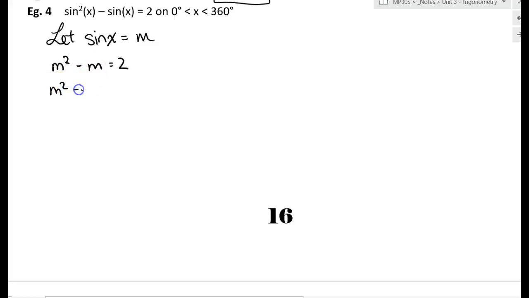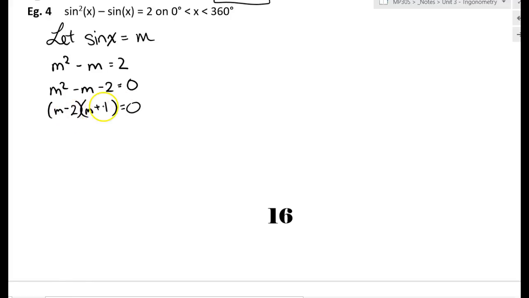So m squared minus m minus 2 equals, so it's set equal to 0. And from here, I'm going to try and factor it if I can, since it's in general form. That's how I solve it. So we've got m and m, negative 2. Its factors are negative 2 and positive 1. That adds to the middle. Sum and product rules for that.